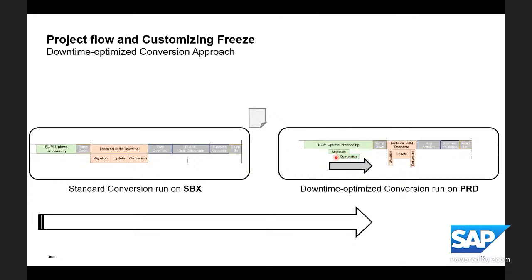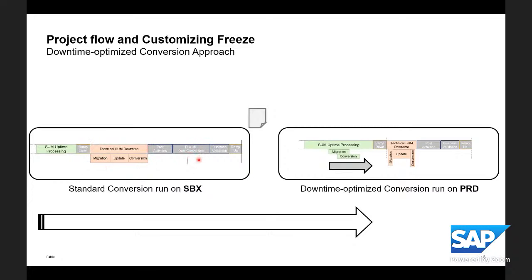So the software update manager will have to set up this fin customizing, but since the tool is a technical tool, the tool does not know how to set up the fin customizing on its own. That is why we first do a copy of the productive system. Then we have a sandbox, that's this block here. And then we execute a standard conversion on the sandbox where the software update manager is only doing the standard activities.